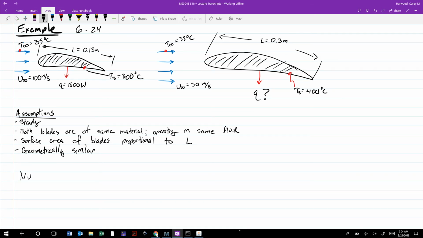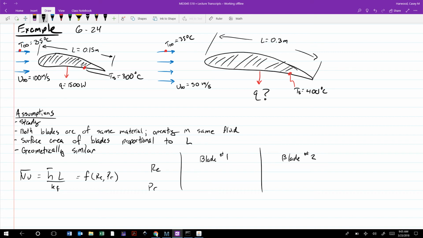So we know that the mean Nusselt number, which is h bar L over k_f, is a function of Reynolds number and the Prandtl number. So Reynolds number, Prandtl number, for blade number 1, blade number 2. We'll make a little table here.